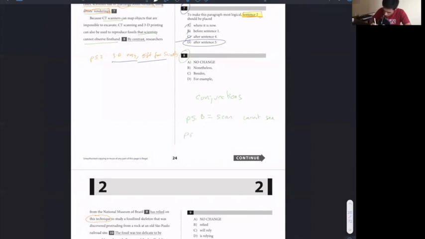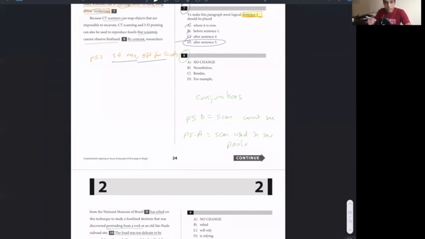Point of sentence after is research. Research in the museum has relied on this technique to study a fossilized skeleton that was discovered protruding from a rock at Old Sao Paulo. So this was scan used in Sao Paulo.